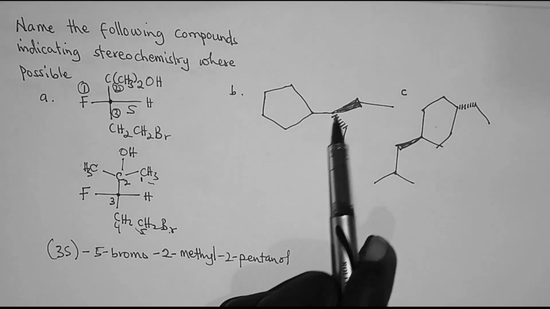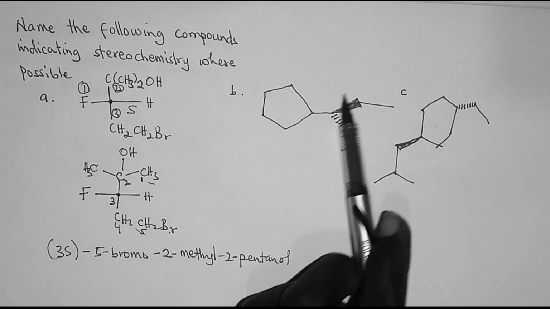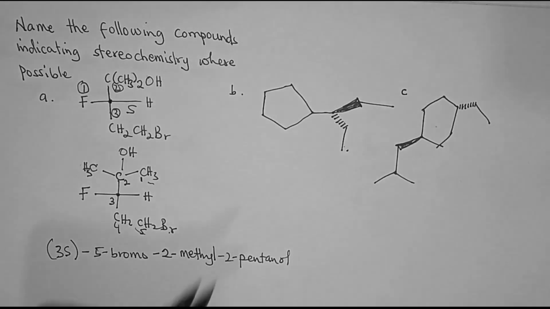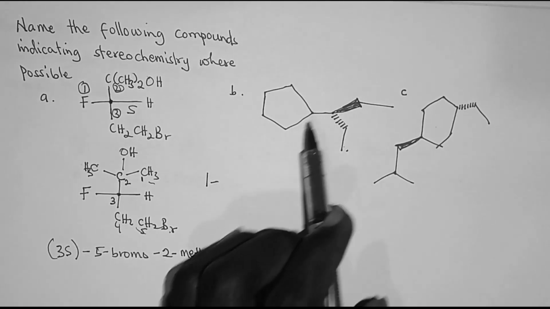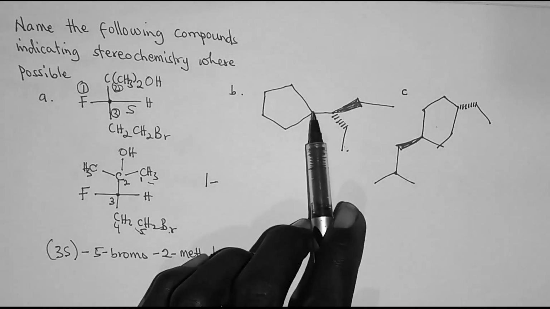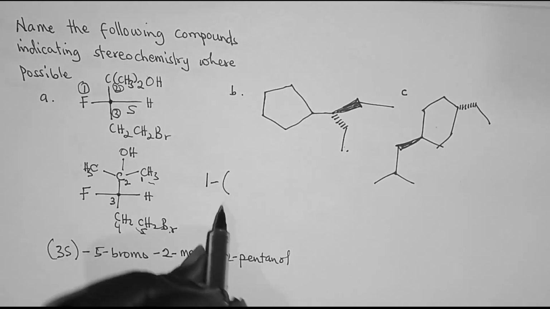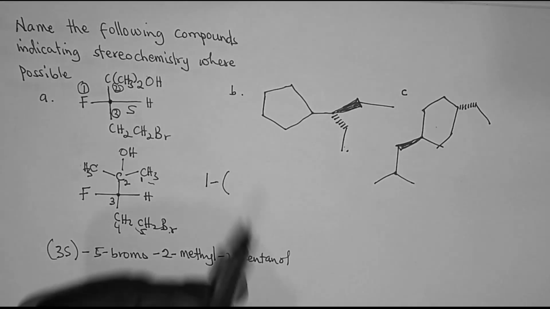Now, when you consider the straight chain, it is a substituent on a substituent. We have an ethyl group that is on this substituent with number 1. So we have 1. Then all of that is joined to the cyclic ring at carbon number 1. So it is 1. Then when you want to name a substituent on a substituent, you put that in a bracket to show that it is a substituent on a substituent.